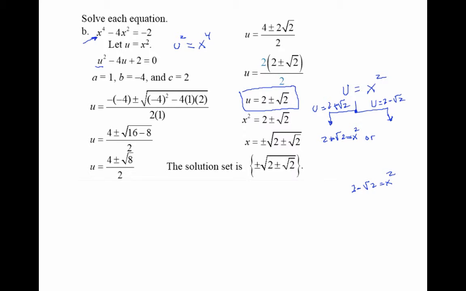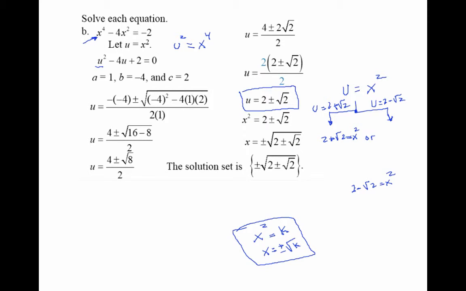Now here to solve for x, you need to take a square root of both sides. If you recall, if I have x squared is equal to k, x would be equal to plus and minus radical k.